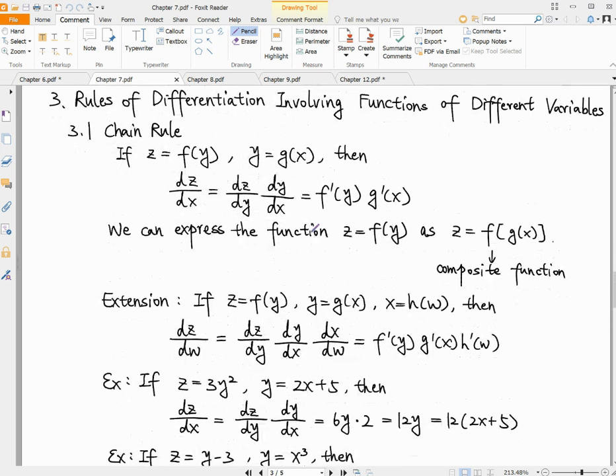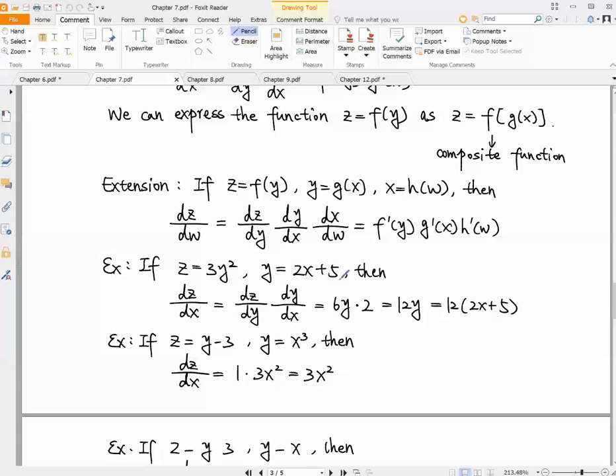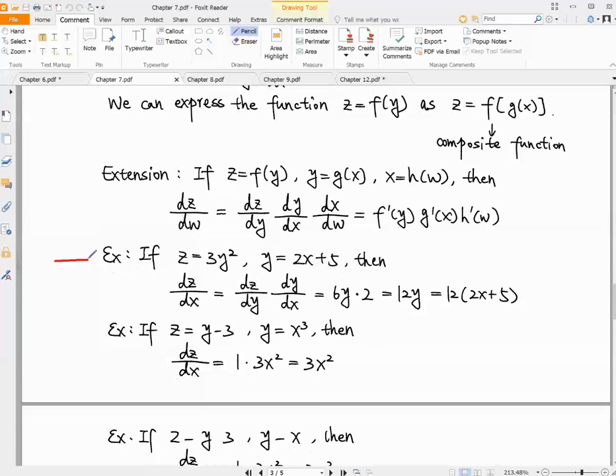Okay, and the chain rule is also important, right? So for example, here, if I tell you that z is a function of y, and y is a function of x, then you should be able to find the derivative dz over dx by using the chain rule, first finding the derivative of z over y and then y over x, right?